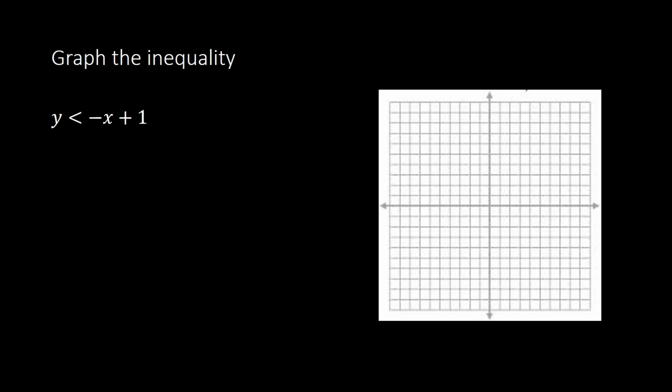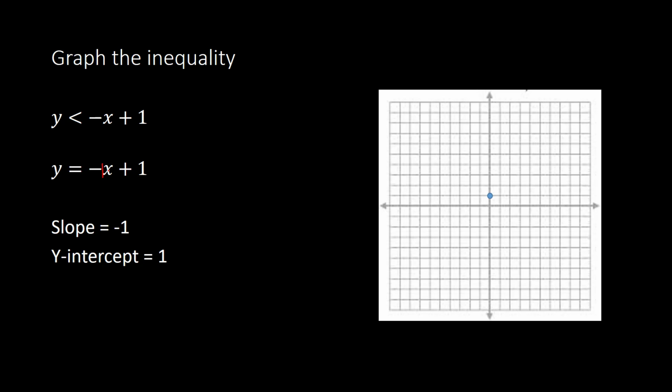Now when you begin graphing an inequality, you're going to start out the same way as graphing an equation. So we know how to graph y equals negative x plus 1 because negative 1 would be your slope. This is the number with the x. So negative 1 is your slope. Your y-intercept would be the 1, the plus 1. And so when I graph the equation, I know that because my y-intercept is 1, I can go up 1 to find 1 point.